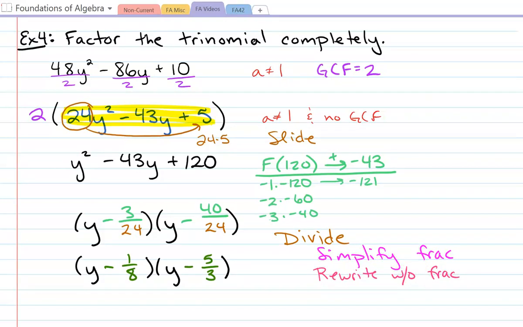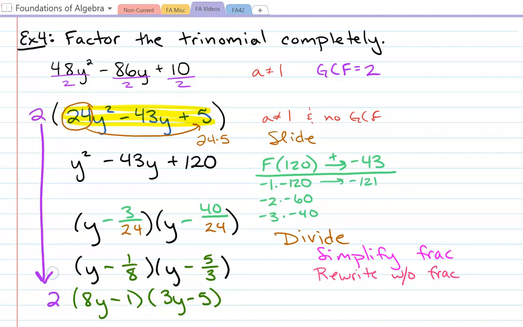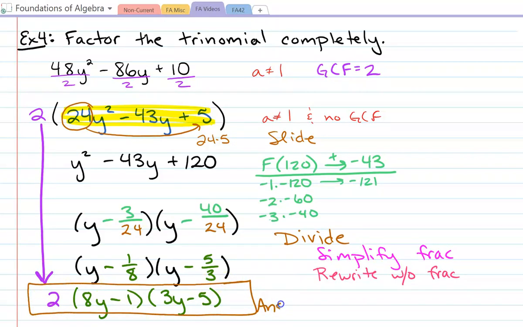So our final answer would be 8y minus 1, 3y minus 5, and bring down that 2. This, all of it, is our final answer. This is our factored form, including the 2 that we pulled out as a GCF to begin with. We have to include it as well in the factored form.